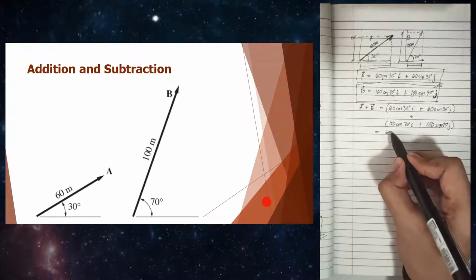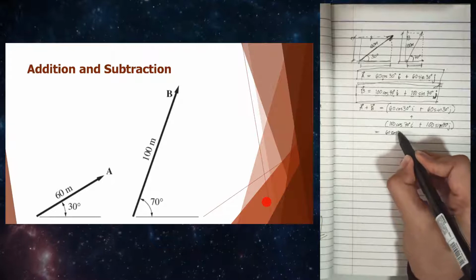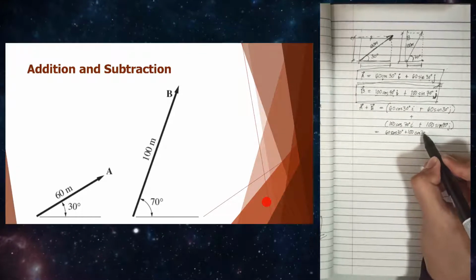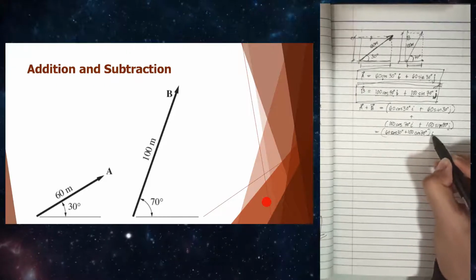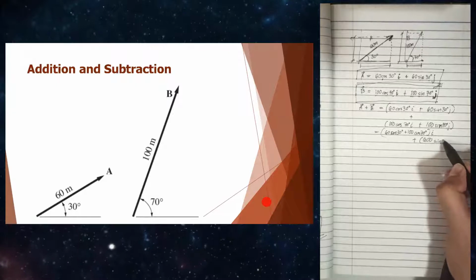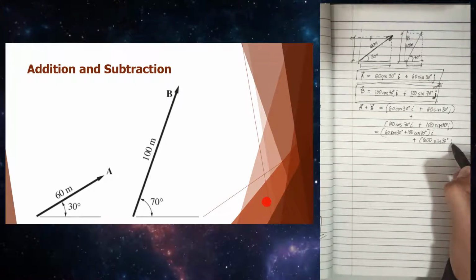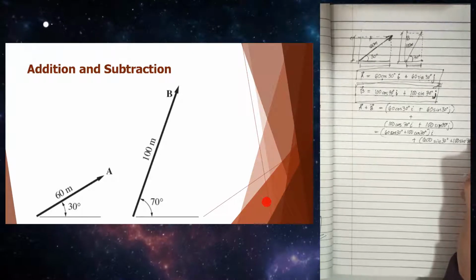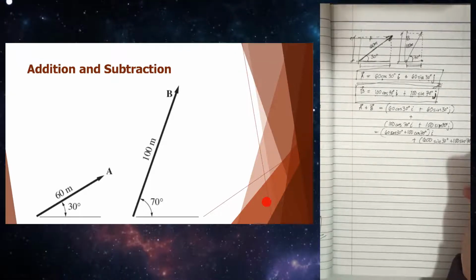So 60 cosine 30 plus 100 cosine 70 I plus 60 sine 30 degrees plus 100 sine 70 degrees J.